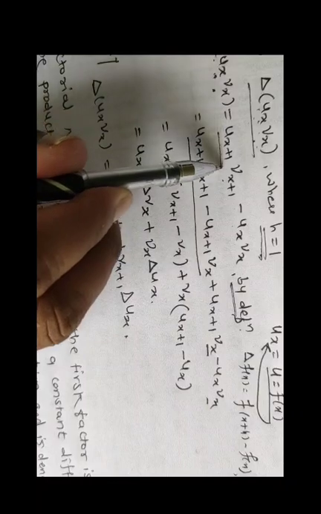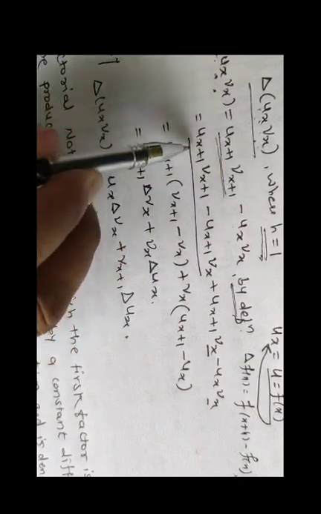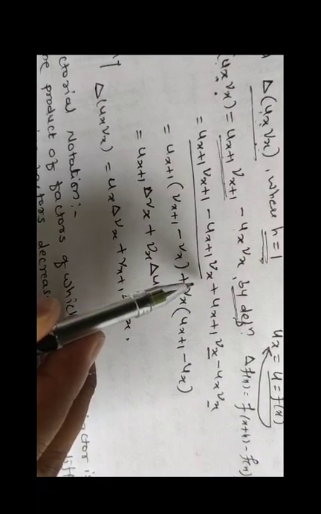So students, we get the term u(x+1) v(x+1), and then the last term u(x) v(x). Now for some adjustment, we add and subtract a term. Which term do we add and subtract? We add and subtract u(x+1) v(x).